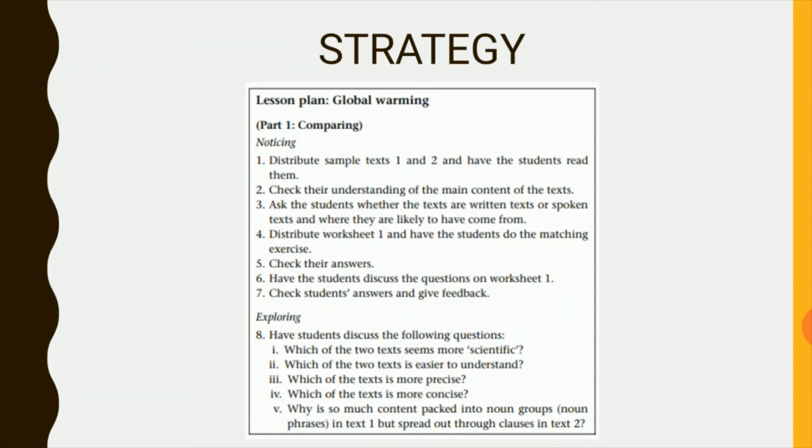About comparing, we know that in this procedure the student must read or maybe listen to similar tests which differ in at least one area of grammar. Here, in this exercise, the student must differentiate test number 1 and test number 2, and we know that test number 1 is more sophisticated, more academic, and test number 2 is a transcription from a conversation.